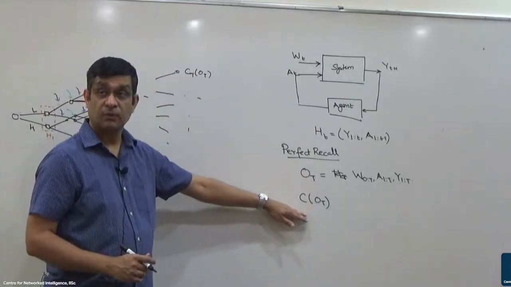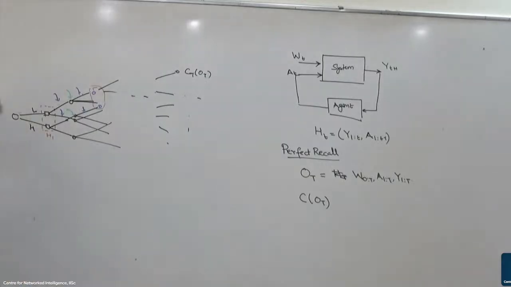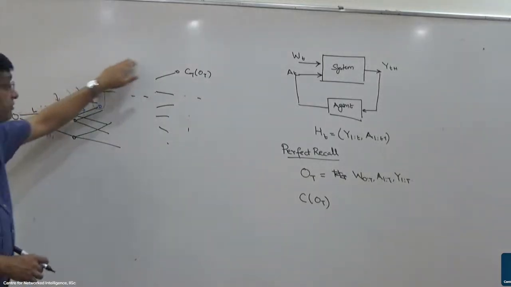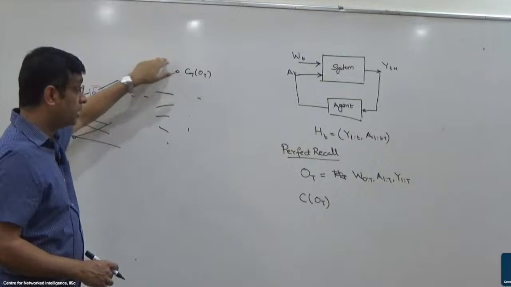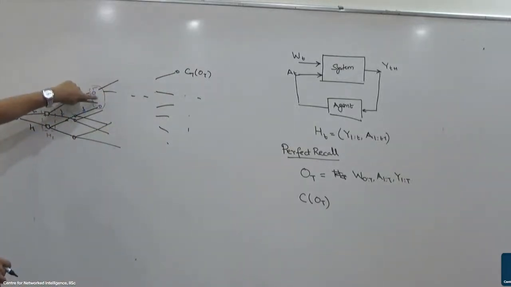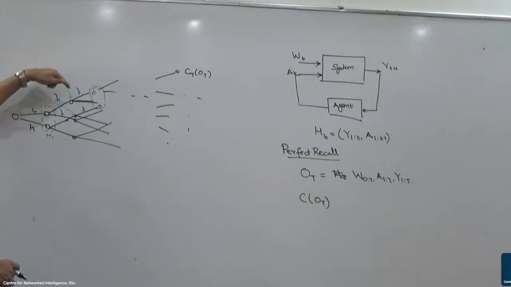So what I'm changing is, in this type of model, I have a trajectory of everything that can happen. In the earlier model, the agent was able to observe everything other than the first thing. So its observation at time t is Wt-1.